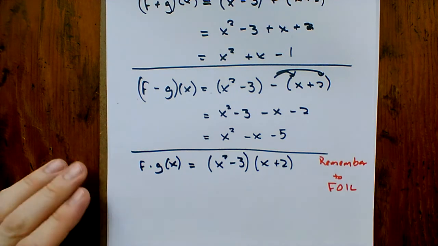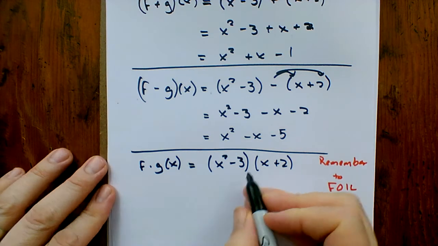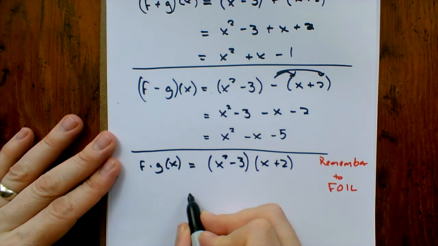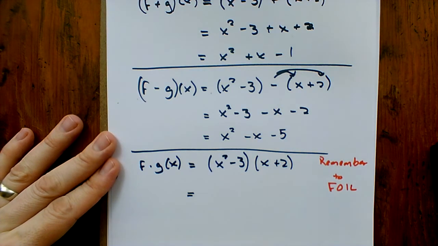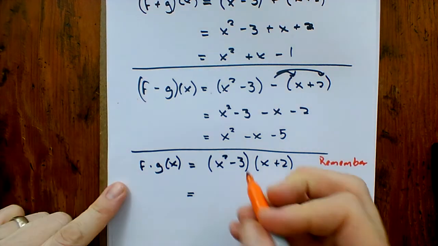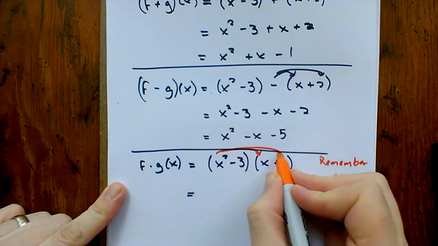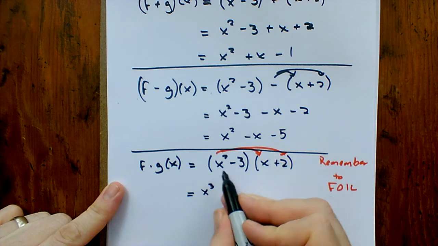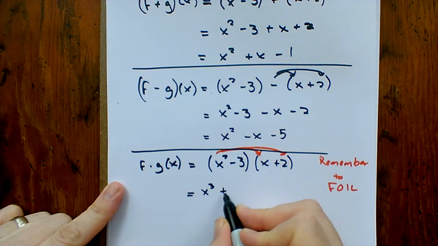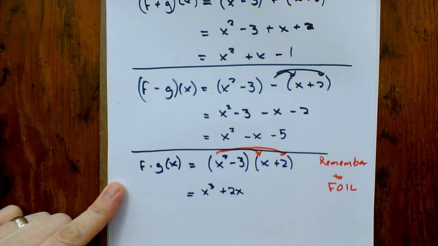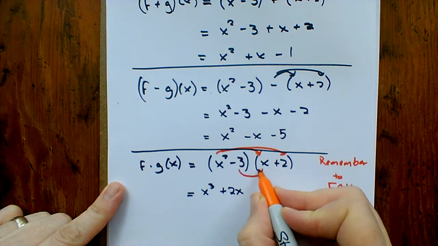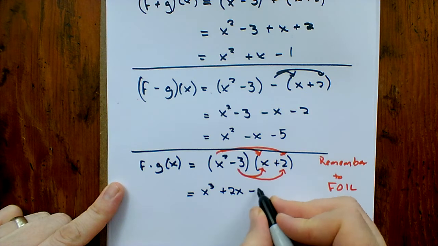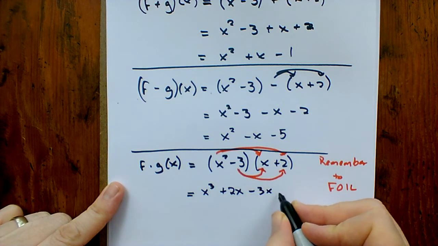Because I've seen some pretty exotic answers when people try to multiply. But remember, we're just taking this first number and distributing it into that second set of parentheses. So x squared times x is going to be x cubed. x squared times 2 is going to be plus 2x. And then these last two terms, negative 3 times x and negative 3 times 2. So I've got minus 3x minus 6.